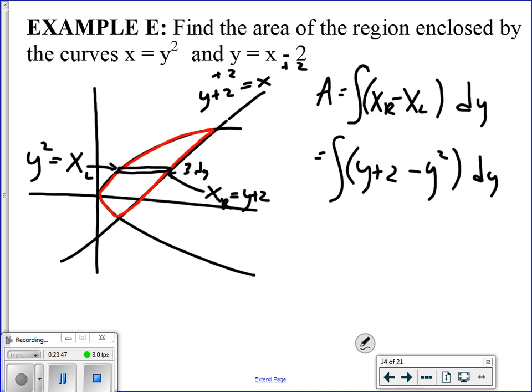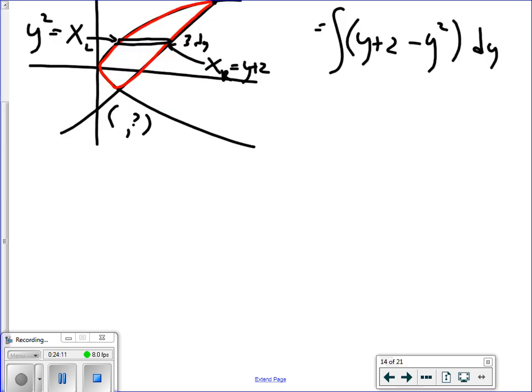And we're going to add these up from whatever the y coordinate is down here to whatever the y coordinate is up here. Because remember, dy problems, horizontal strips, you're adding them up from smallest y to greatest y. So to find the y coordinates where two graphs intersect, you have to set what x equals on one equal to what x equals on the other.